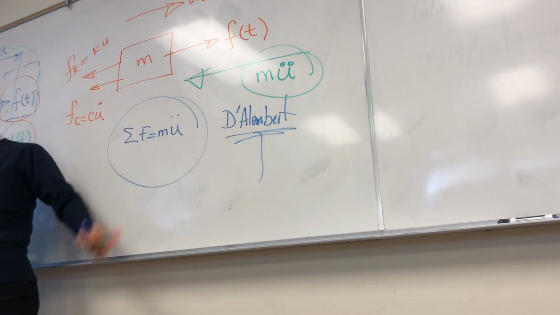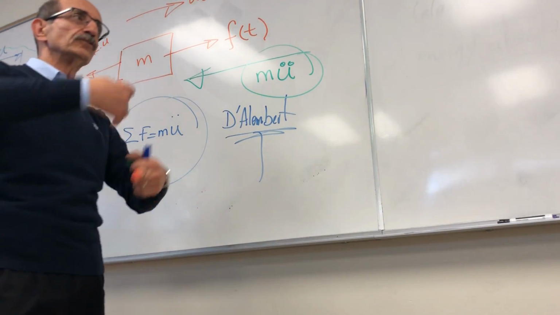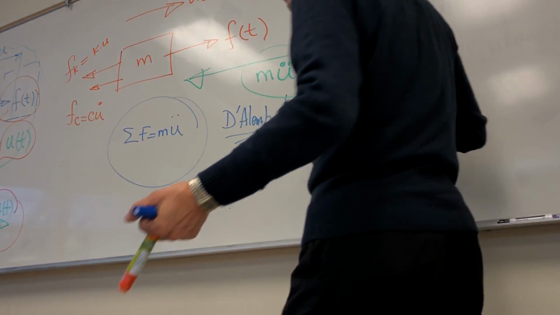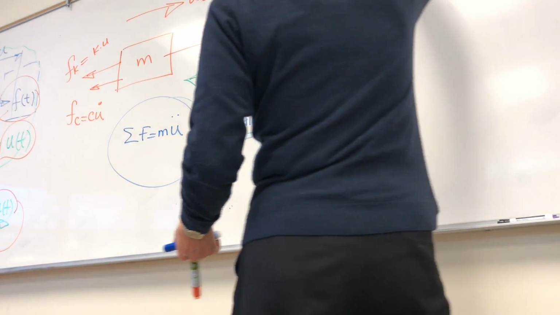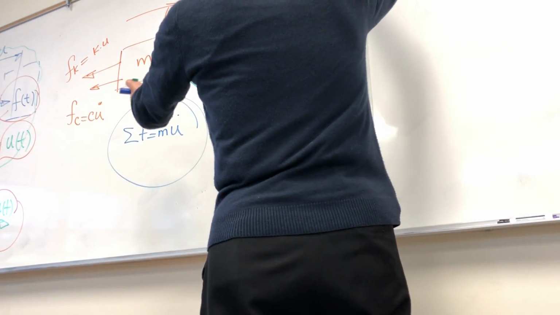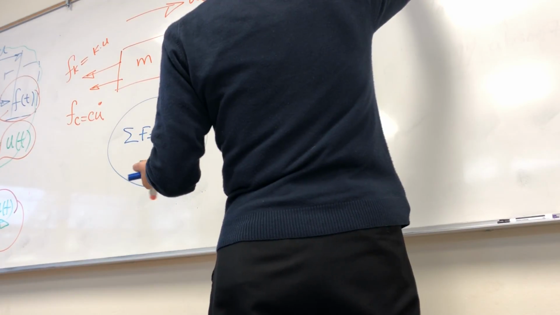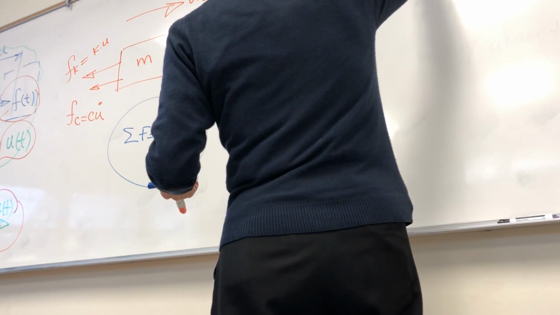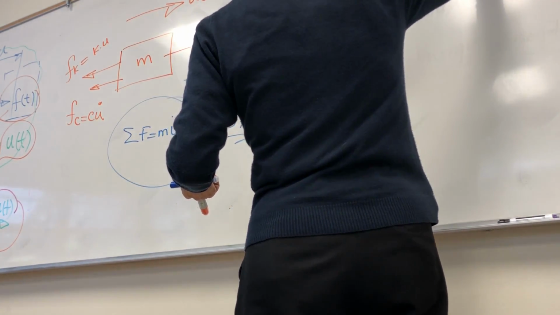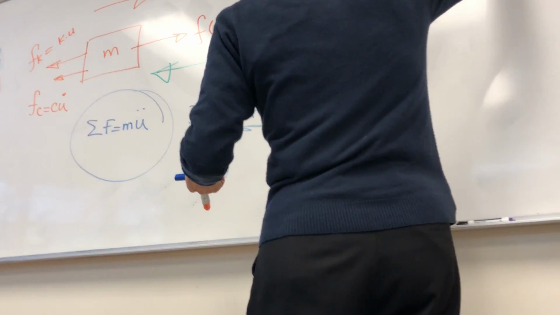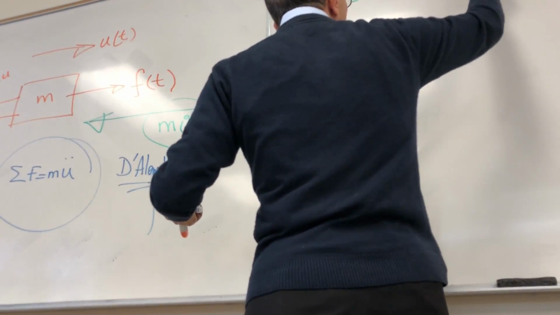So then this becomes a static problem, and you can just use equations of equilibrium to set up the mathematical equation, which becomes m u double dot plus c u dot plus k u is equal to f of t.